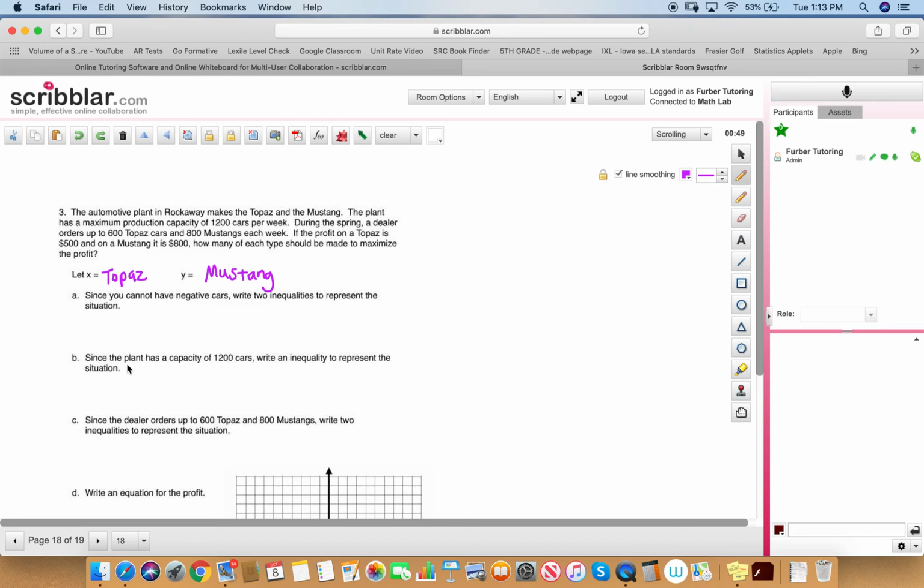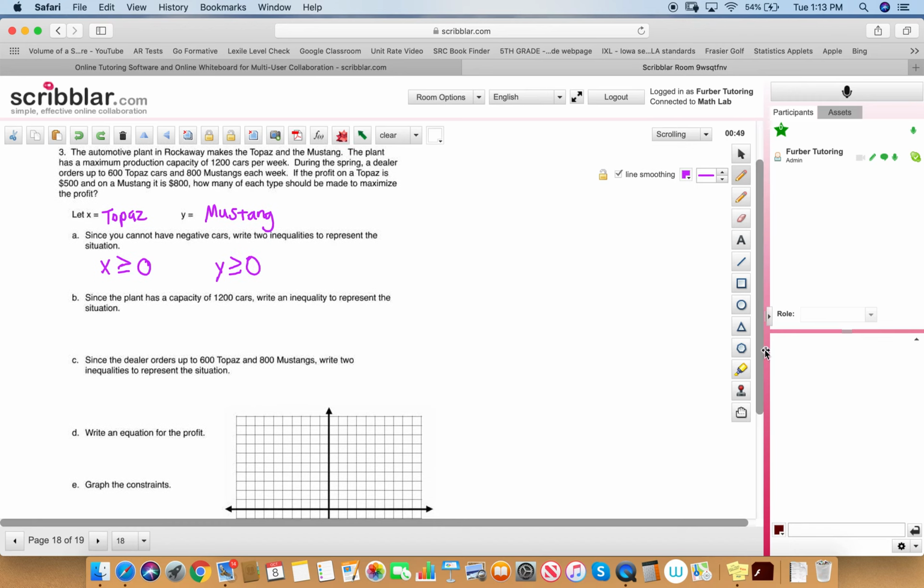It'll say, since you cannot have negative cars, write 2 inequalities to represent the situation. So if X is the number of Topaz cars, the least amount of cars you can make is 0. So the number of Topaz cars will be 0 or higher. And then the same thing for this one, Y greater than or equal to 0 for the Mustang.